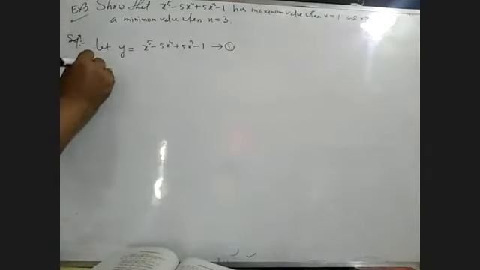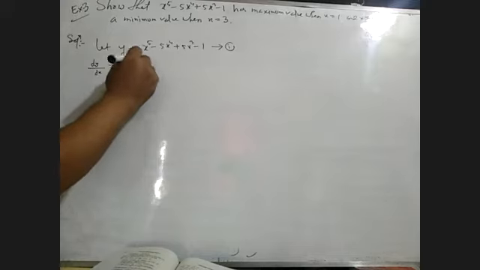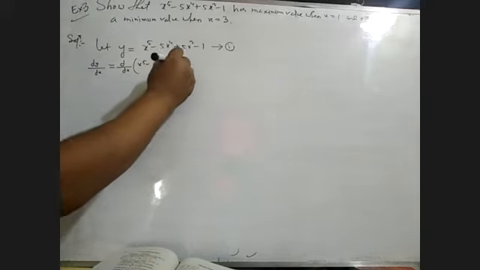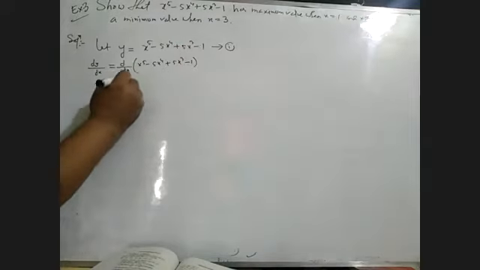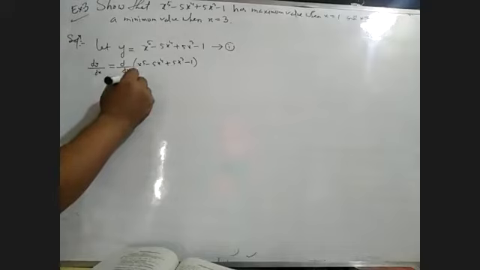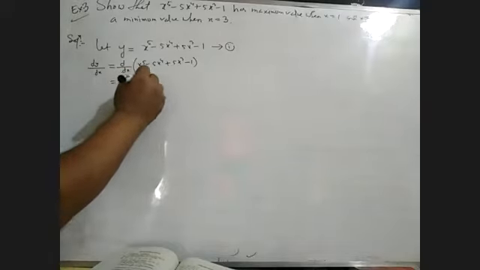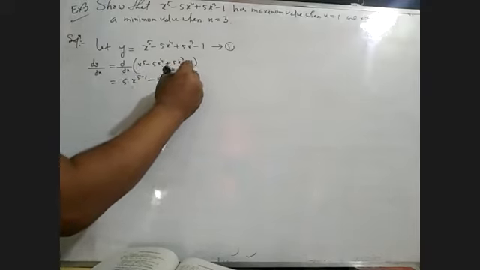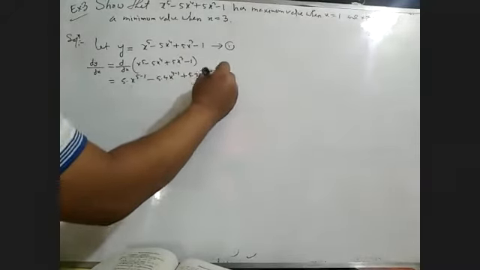Now taking differentiation on both sides, we get dy dx equals to the derivative of x to the power 5 minus 5x to the power 4 plus 5x cube minus 1. Using the power rule, 5 into x to the power 5 minus 1, minus 5 into 4 x to the power 4 minus 1, plus 5 into 3 x to the power 3 minus 1, minus 0.